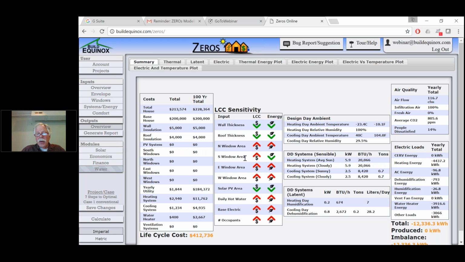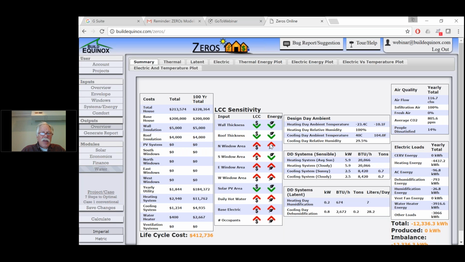For example, on windows, this is telling me in this climate for this house, I will see energy drop when I add a south window. But because of the cost of the window, I will see the life cycle costs go up. So you have to decide, is it more important to you to save energy even though you're wasting dollars or not? You decide that.